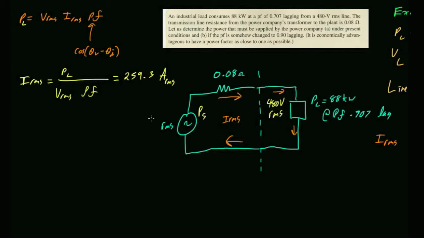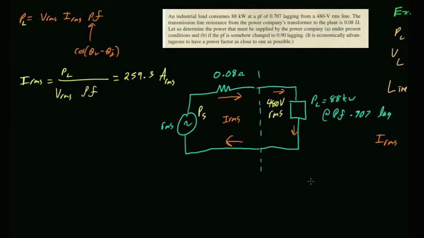What do you get? Nope. No. Recalculate. 88K. You got 259? The 259s are winning. Let me see. I'll try it on my end.